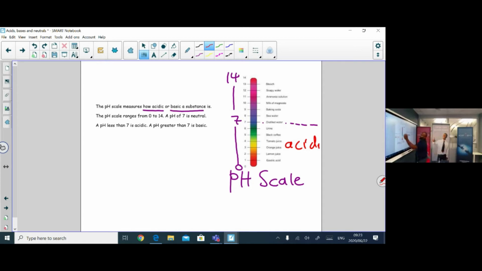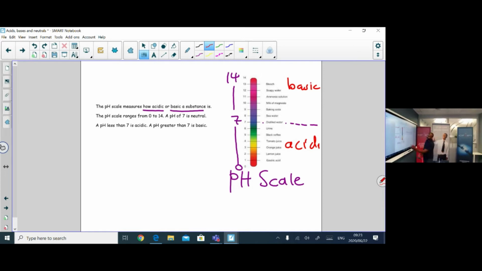Above 7 is basic. If a substance has a pH of 1, it's strongly acidic. It gets less acidic as we move from 1 to 2, 3, 4, 5. Water should be neutral. So the pH scale ranges from 0 to 14, 7 being neutral. A pH of less than 7 is acidic, and greater than 7 is basic, or what I term alkaline.